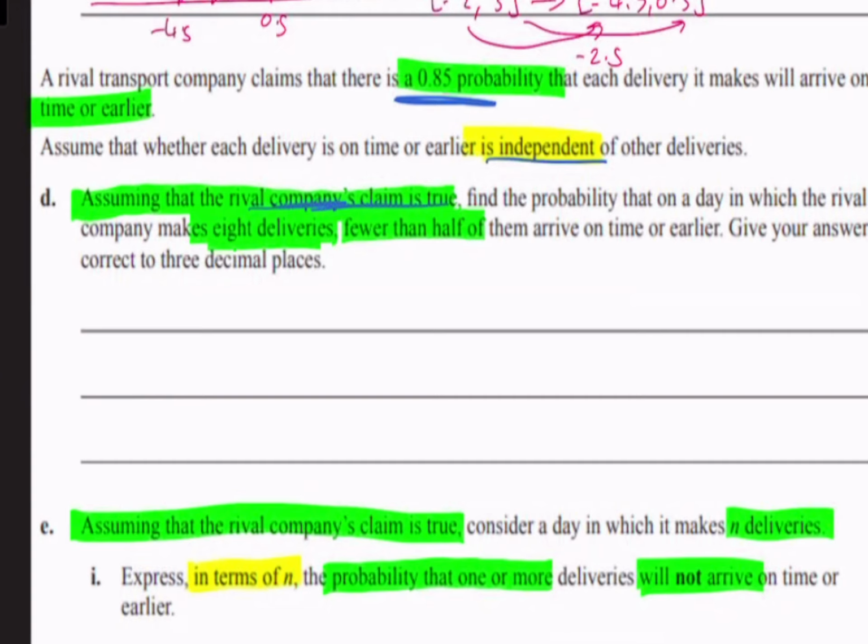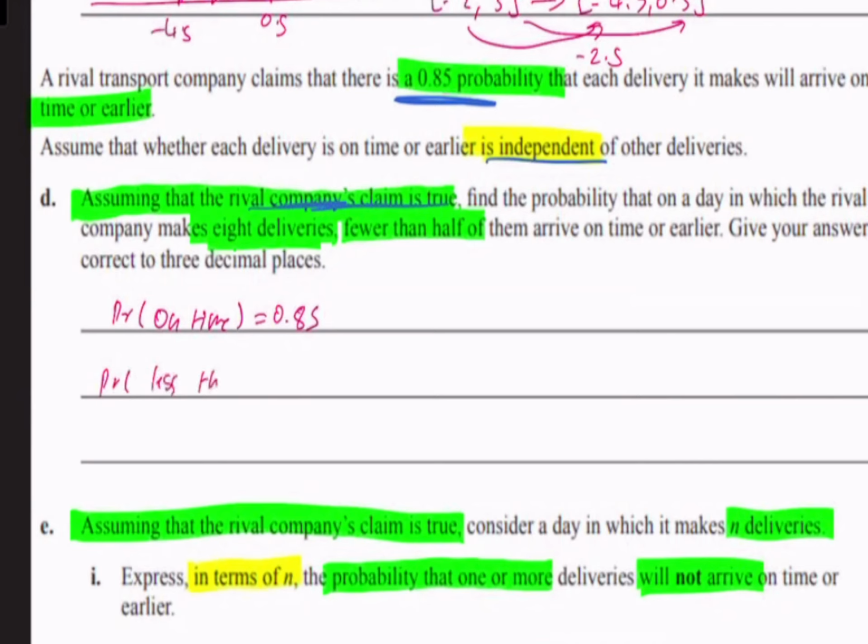This is a binomial distribution because either it arrives on time or it doesn't. So the probability that it's on time is 0.85.